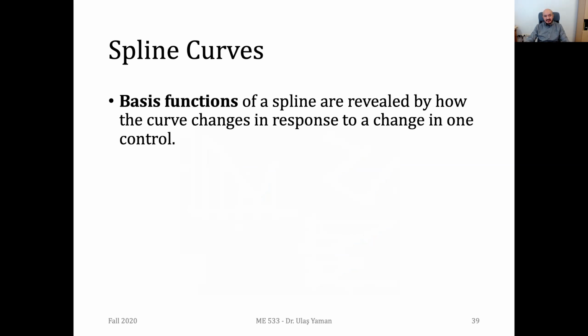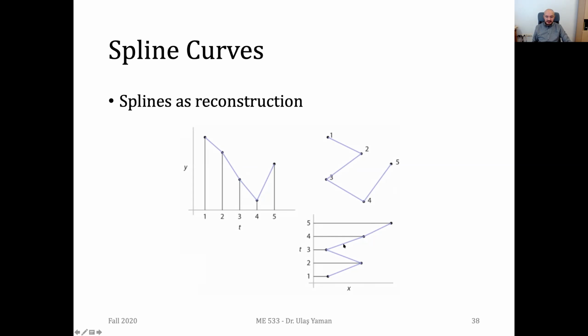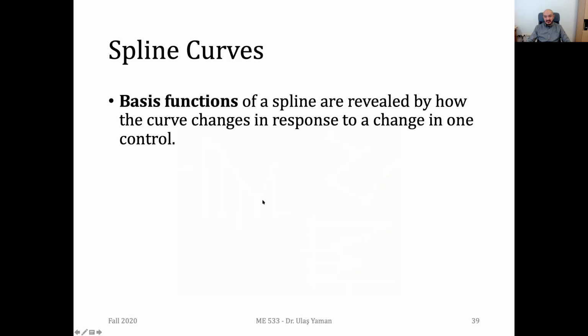So these we can assume are the basis functions of the segments. So if this is the first segment, let's say, then this is the basis function for the first part, and the other one is also here in x and y coordinates. And they simply reveal the change of these functions according to the change in the control points.